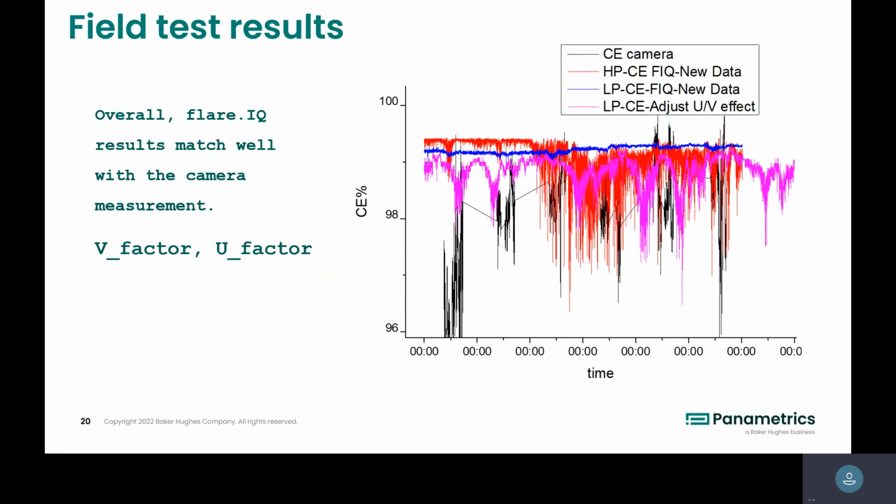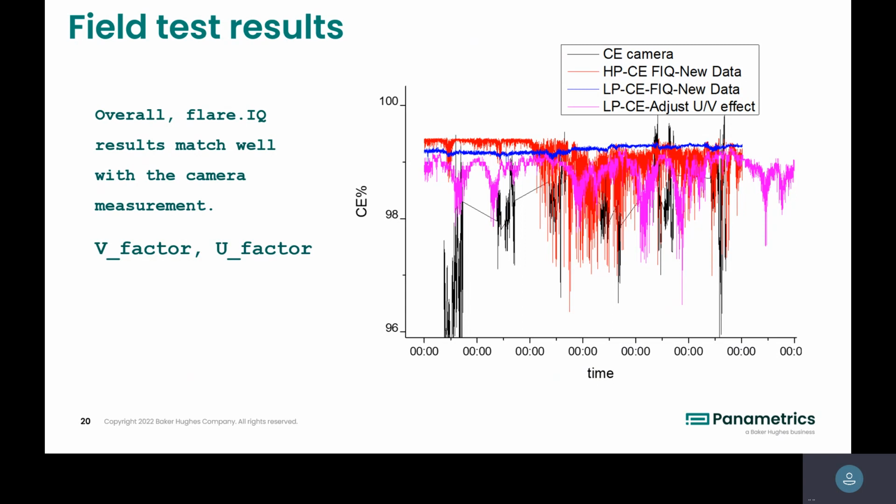Okay, so I'll finish with the Flare.IQ calculation result versus the camera result. This is done for upstream, actually 2 upstream flares. The black line is a measurement from a camera.